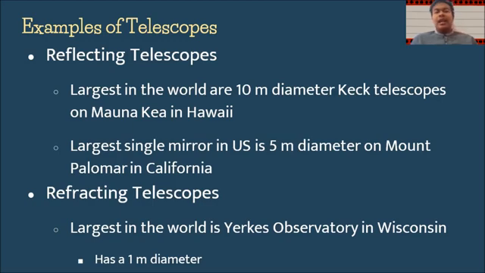And the second is a large single mirror in the US, 5-meter diameter, on Mount Palomar in California. And for the refracting telescope, the largest in the world is Yerkes Observatory in Wisconsin, which has a 1 meter diameter.